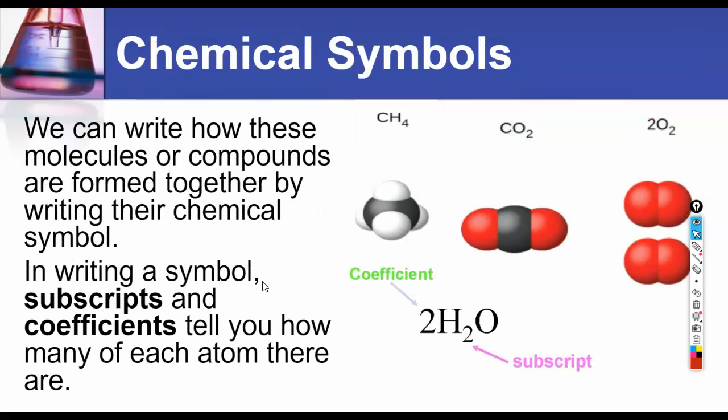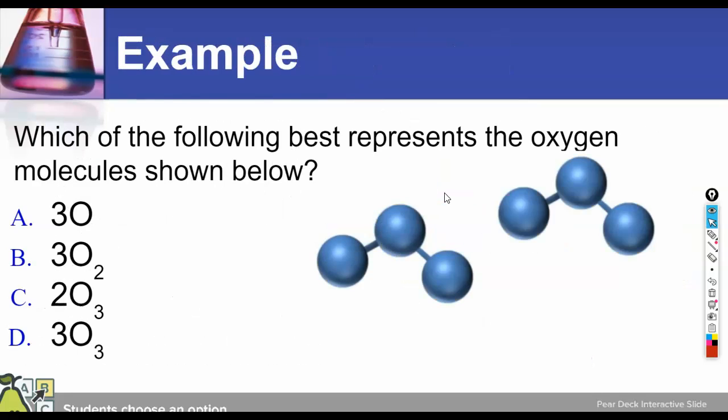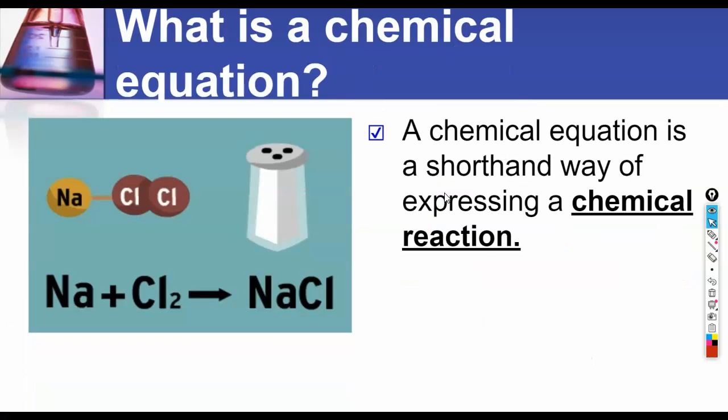And we talked about that last class, and then we also talked about how to write symbols for molecules or compounds using subscripts and coefficients. That's what we just talked about in the do now question. Okay, and then we did some examples, and then we started taking a look at chemical equations.